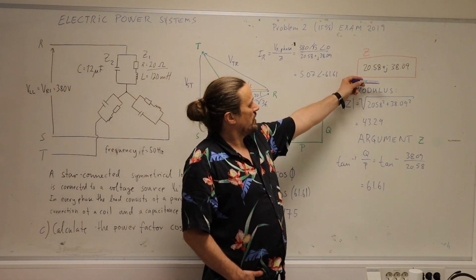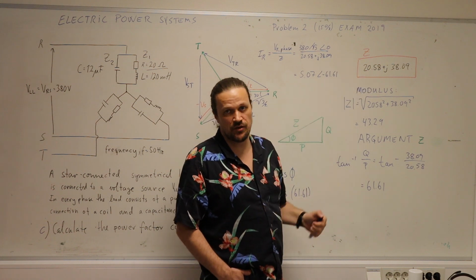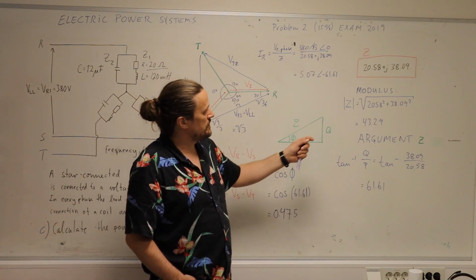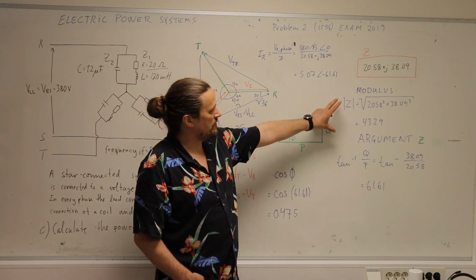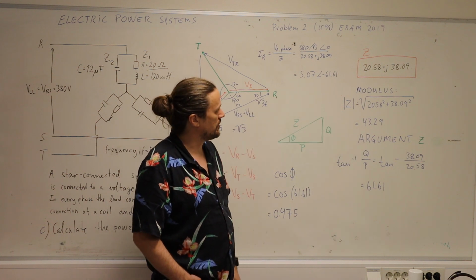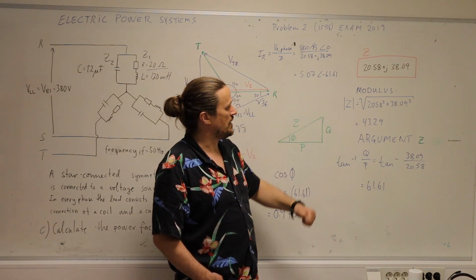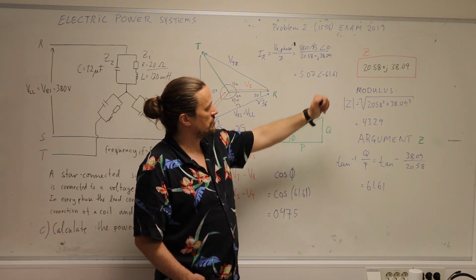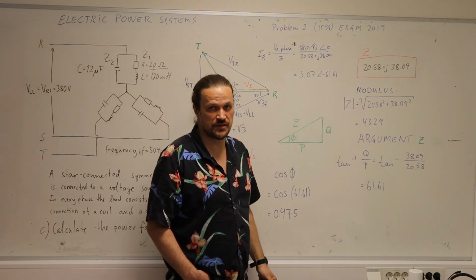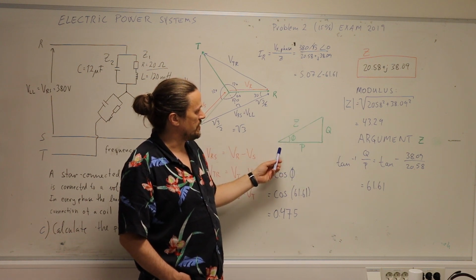We can also derive the power factor from this impedance alone by studying the complex number. This will give us two different values. We have the modulus, which is simply applying Pythagoras, and then we will get the absolute value of this complex number, and then we can also get the argument. And it's all related here in the impedance triangle.